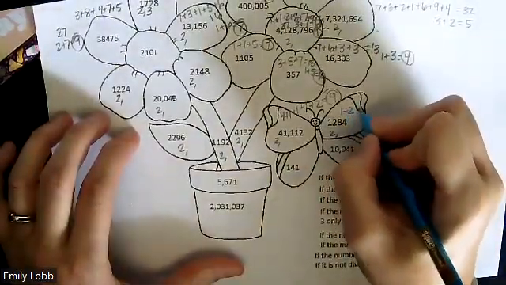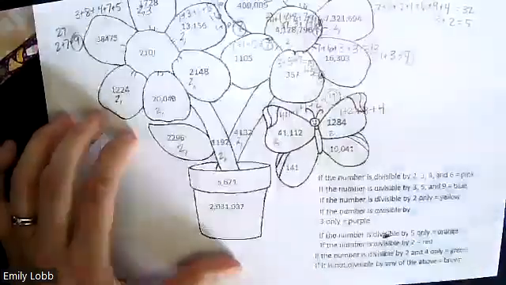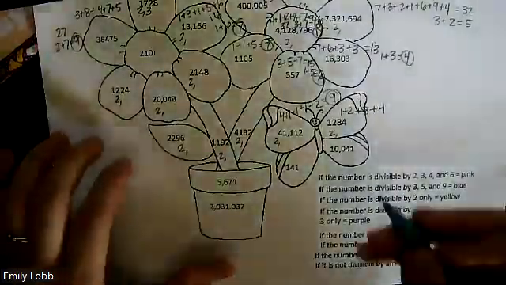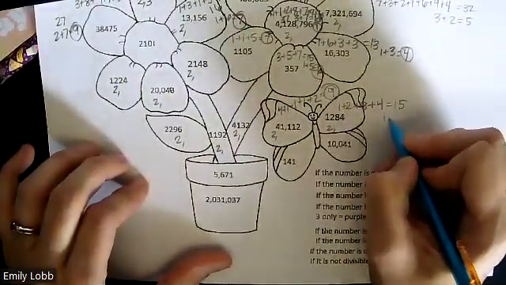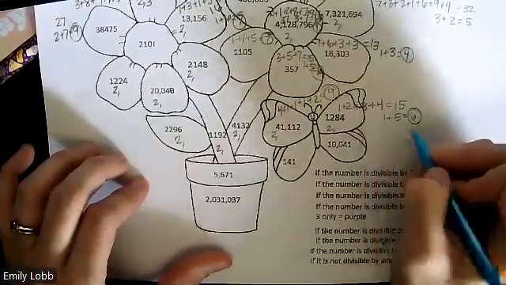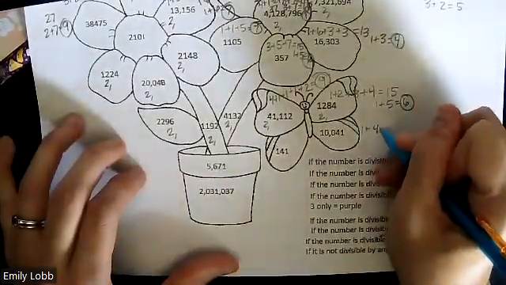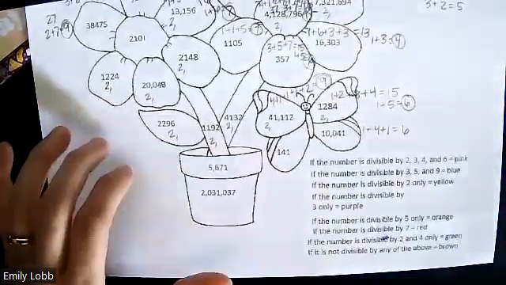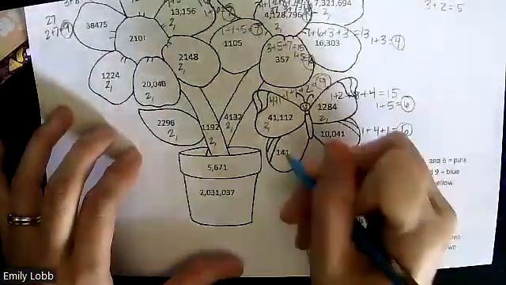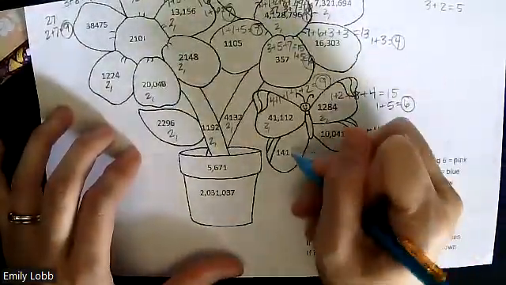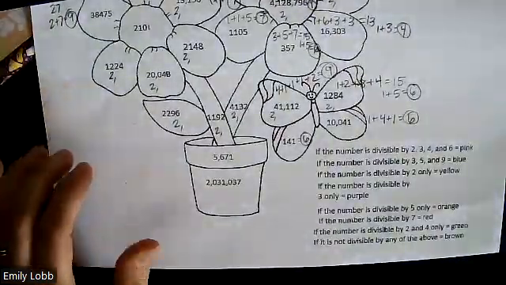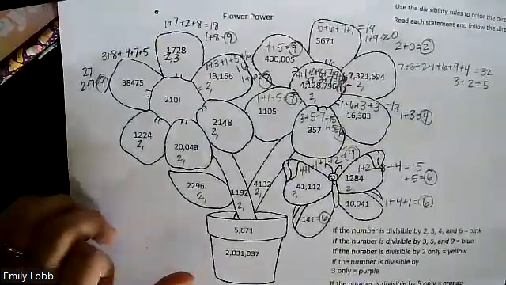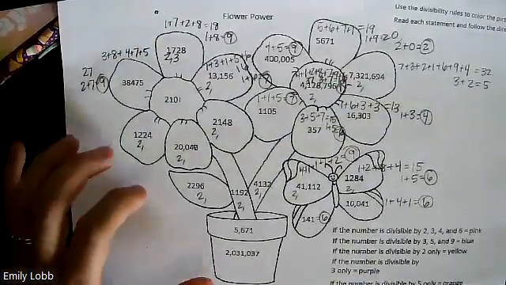1 plus 2 plus 8 plus 4. 3. So this is 15. 1 plus 5 equals 6. 1 plus 4 plus 1 also equals 6. Same thing here. 1 plus 4 plus 1 also equals 6. So is it a lot of work here?